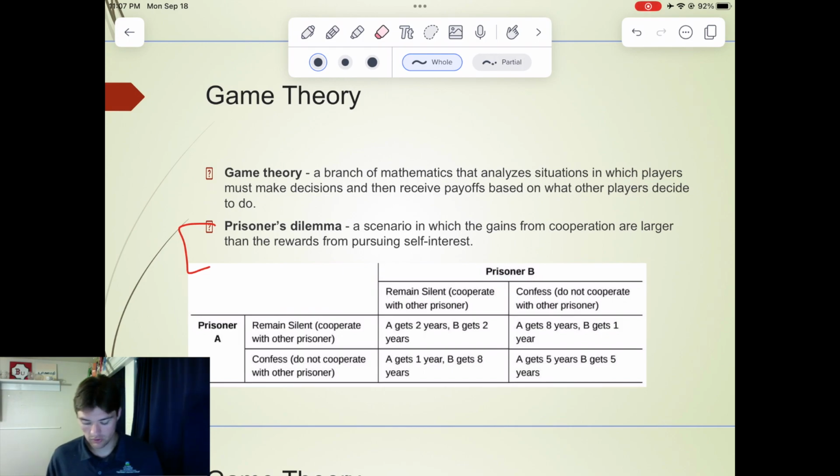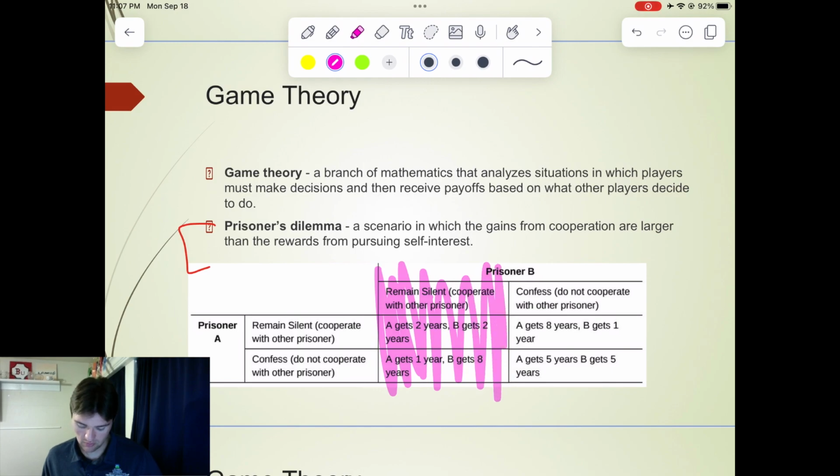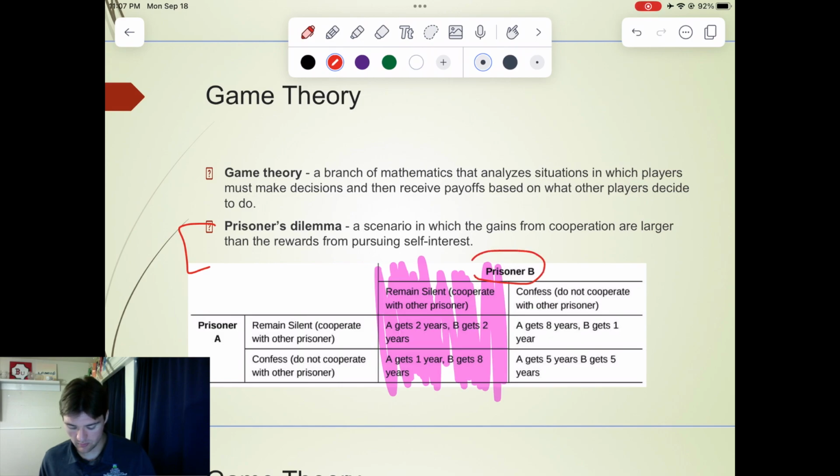Okay? So if prisoner B remains silent, if they choose to remain silent, that column right there, A could get 2 years or 1 year.